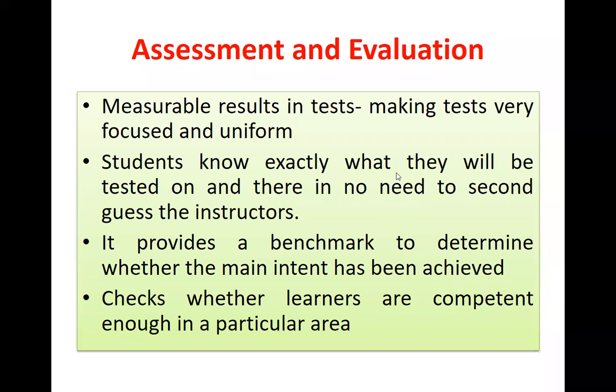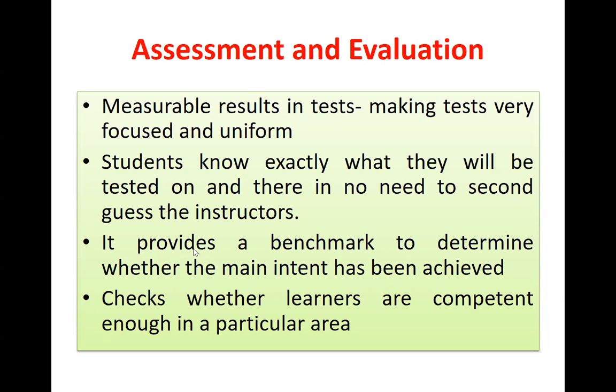So this is a common problem which most of us face when we set the question papers. On the day before the exam, we get a lot of calls asking what the important questions are. If our course outcomes are set properly, and the student knows exactly what they will be tested on, this problem can be totally avoided.